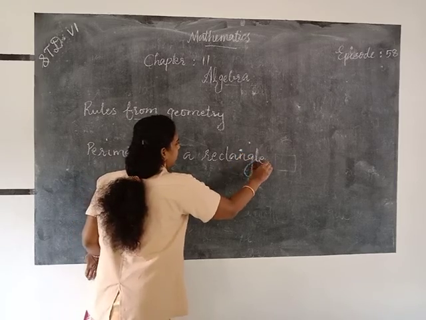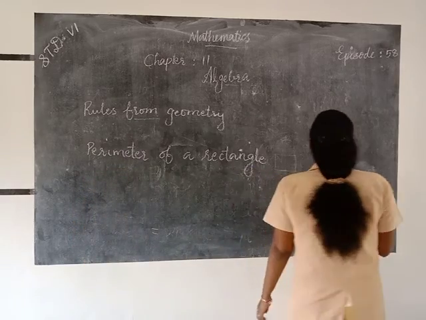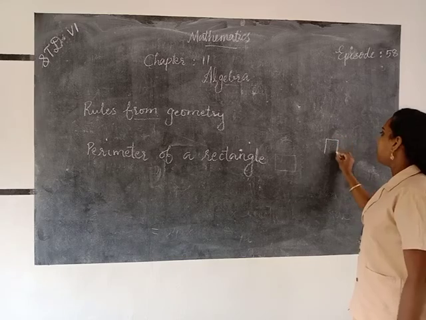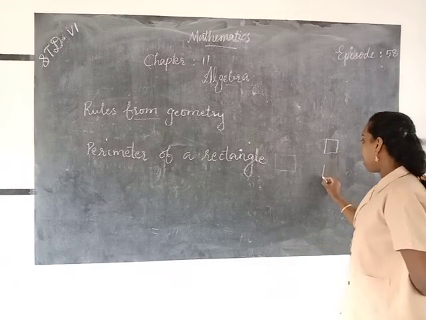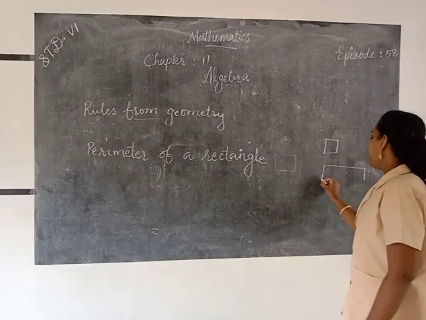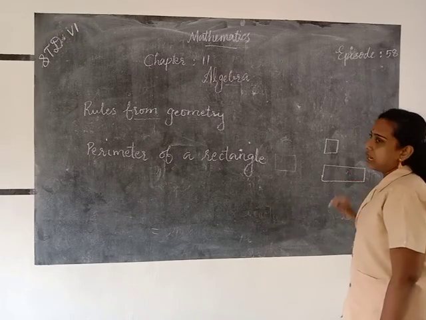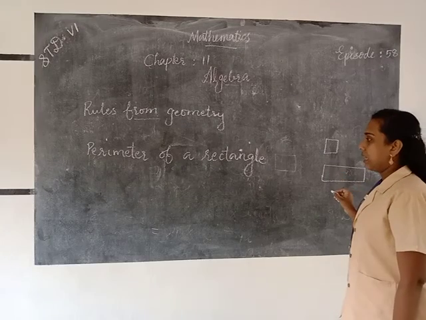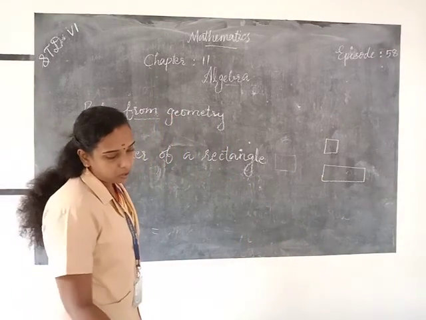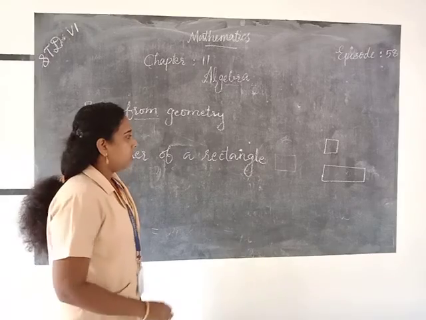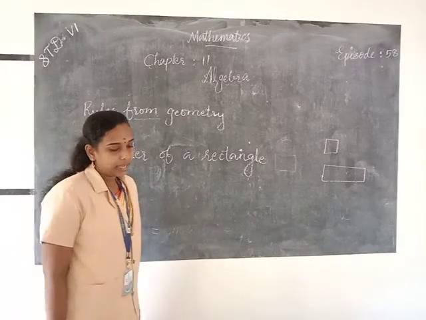We know that a square has four sides of equal length, while a rectangle is a four-sided figure in which two sides are of equal length. So how do we find the perimeter of a rectangle?